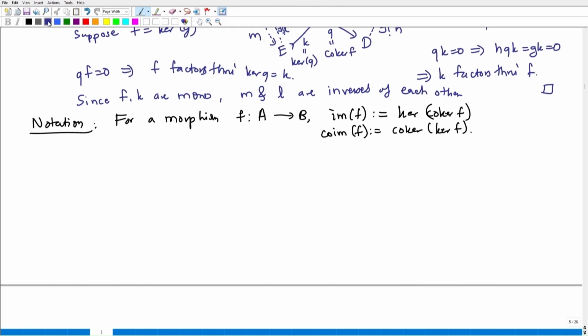So now we will prove this image factorization exists in any, okay, maybe I should define an abelian category first, then we will talk about this. Okay, a pre-additive category A is abelian if, first of all, it is additive.